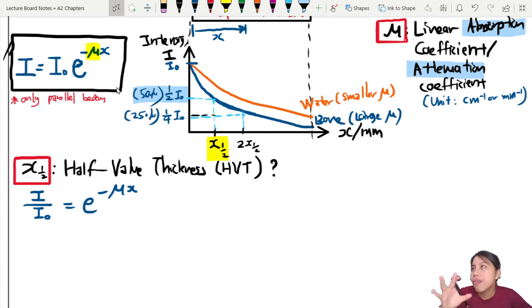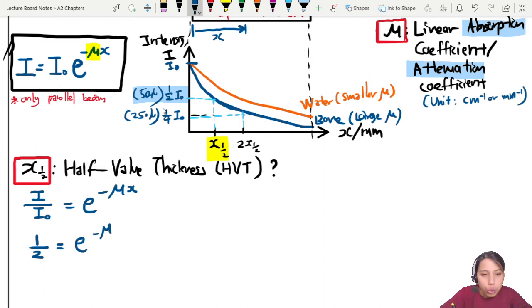Now, at half value thickness, what is the fraction of I over I naught? It means the current intensity over the original. Half. So this means you have already dropped by 50%. So this ratio of I over the original is half. We can write that down there. So this will be equal to e to the negative mu x.